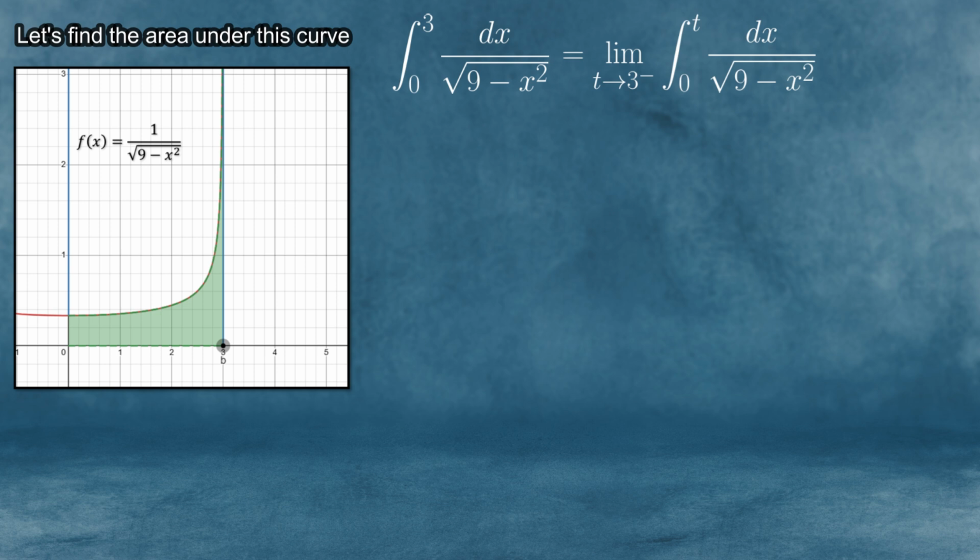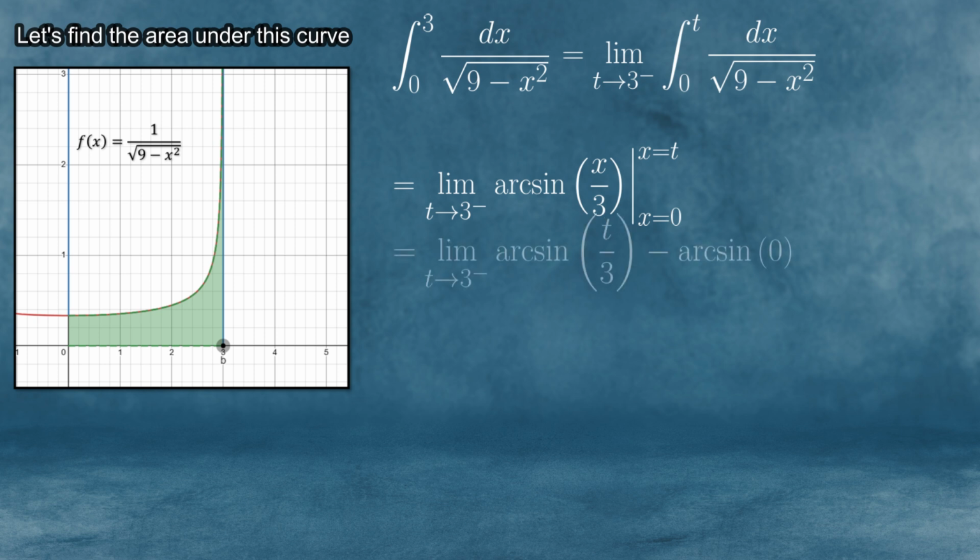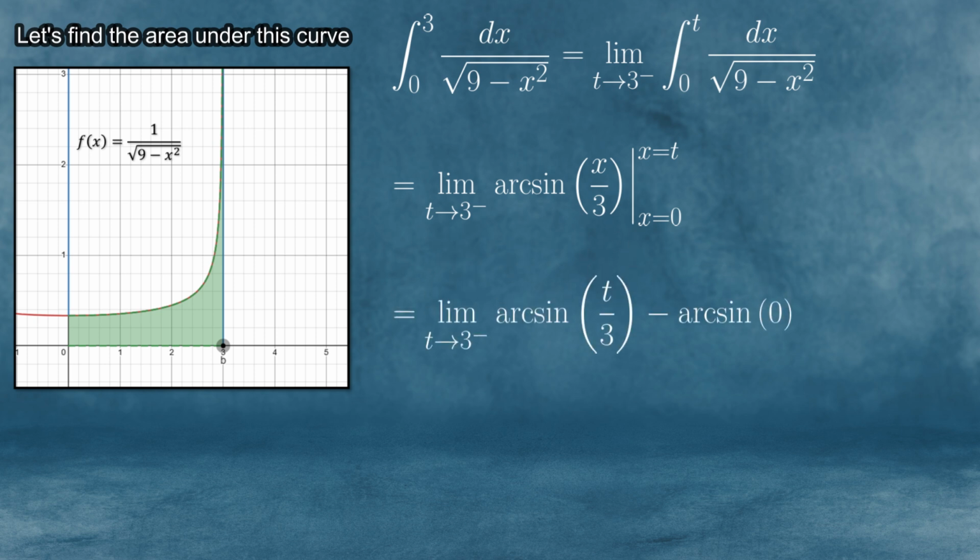Now, the solution for this integral is arcsine of x divided by 3, which we have to evaluate from 0 to t. If we do so, we will have arcsine of t divided by 3 minus arcsine of 0. But remember that we need to take the limit when t goes to 3 from the left.